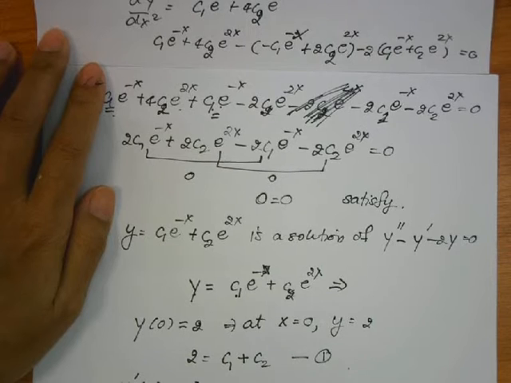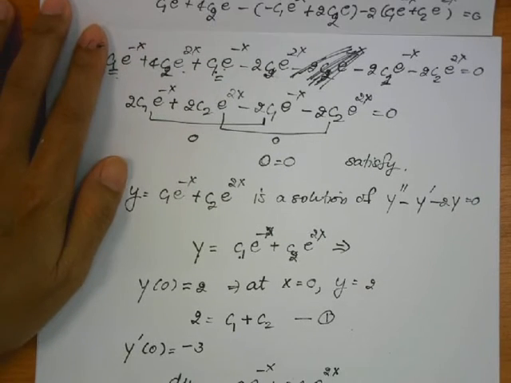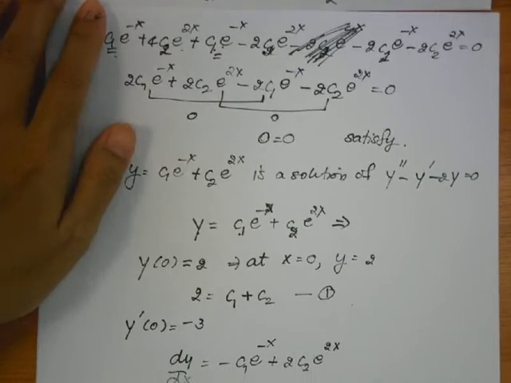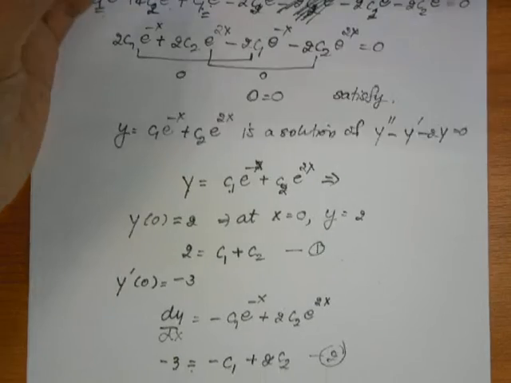Which is equal to minus c1 exponential minus x plus 2c2 exponential of 2x. And then you plug the boundary in, right? Minus 3 is equal to minus c1 plus 2c2. You have two unknowns and two equations.